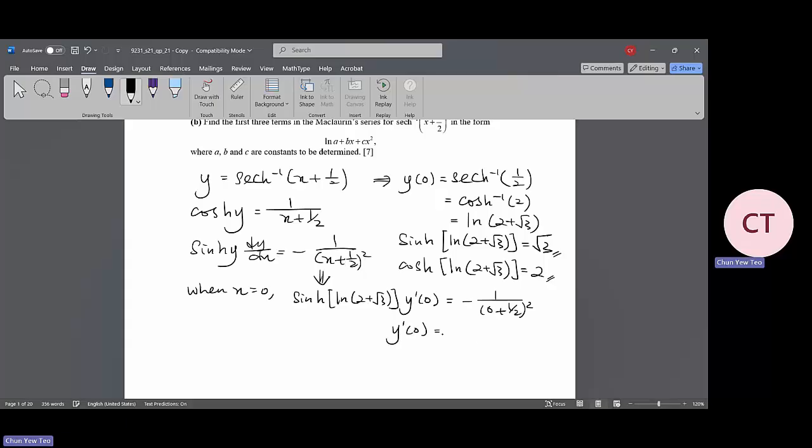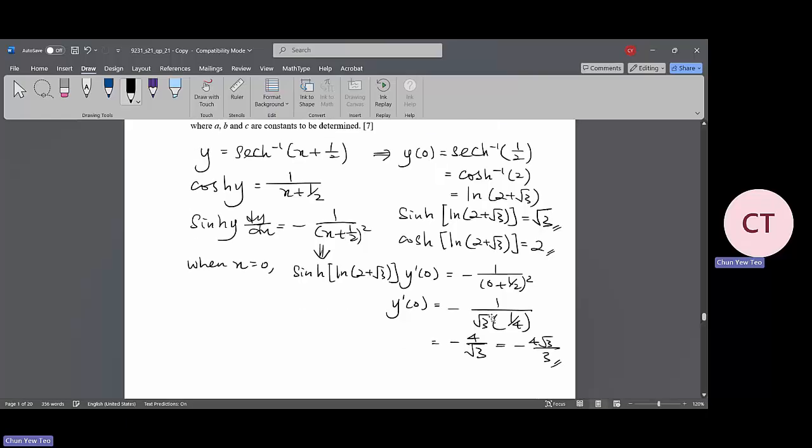So you will get this as the negative of 1 over root 3 times 1 over 1/4. Because this one is actually root 3, we just replace it inside, then simplify it. You will get this as negative 4 over root 3. But I prefer to rationalize the denominator, so I will write like this.